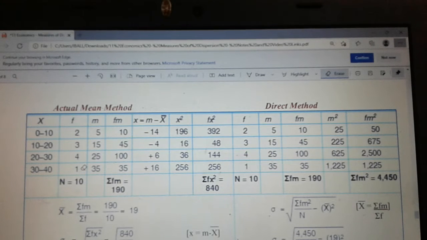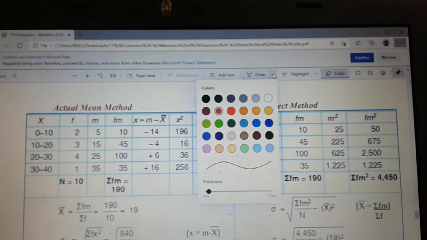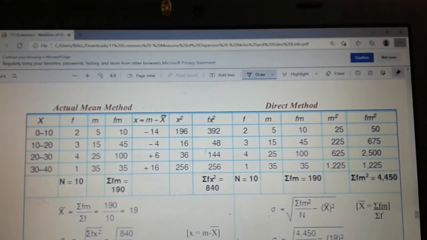Now we have to find m. m is the mid value, and the formula is (L1 + L2) divided by 2. It means 0 plus 10 is 10, divided by 2, it will be 5.